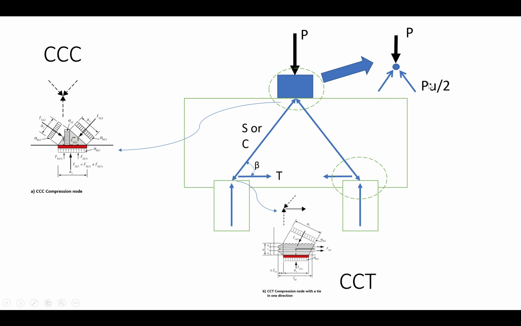It's called PU, or P ultimate load, divided by 2. So in this node pure compression develops in this node zone, so it's called compression.